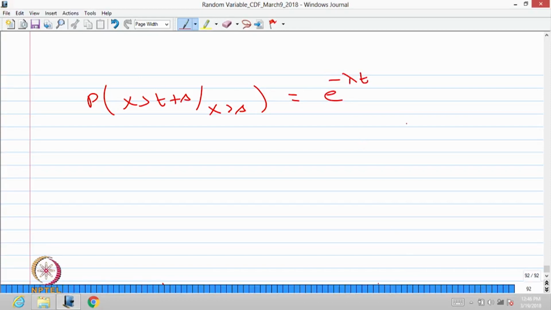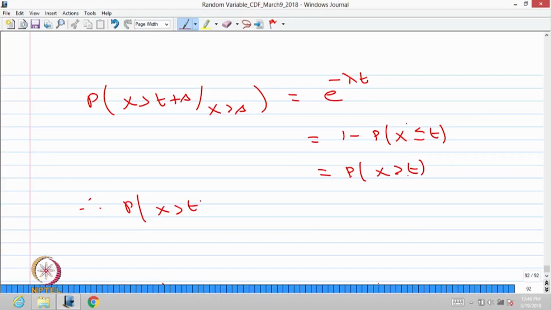The e power minus lambda t one can write as 1 minus the probability of x less than or equal to t, that is the same as the probability of x greater than t.